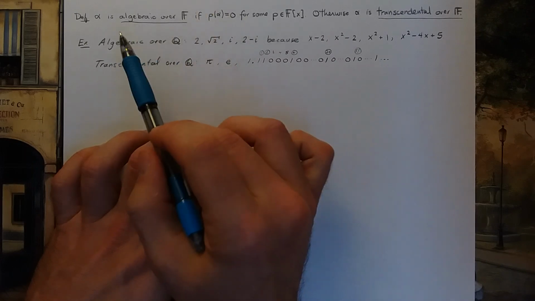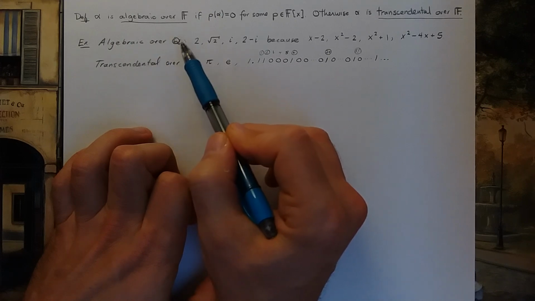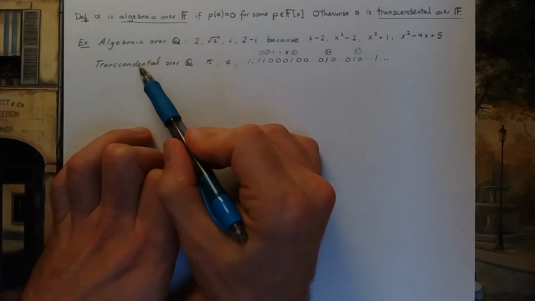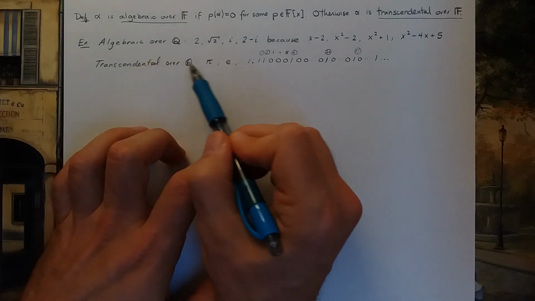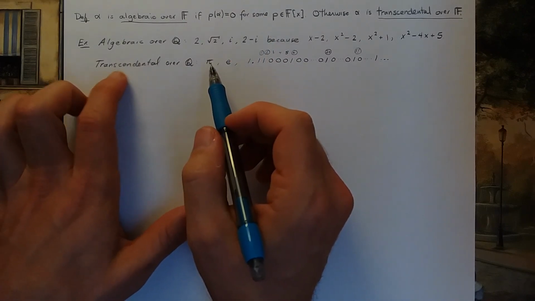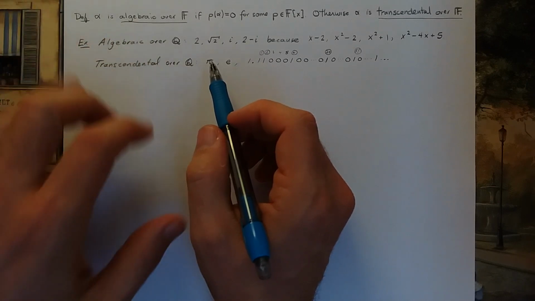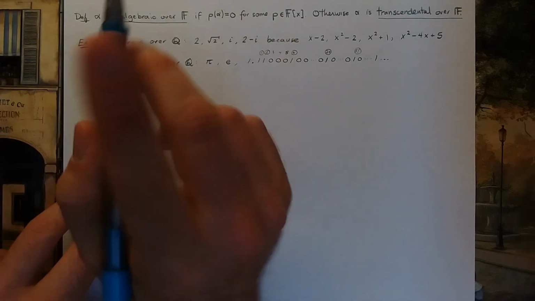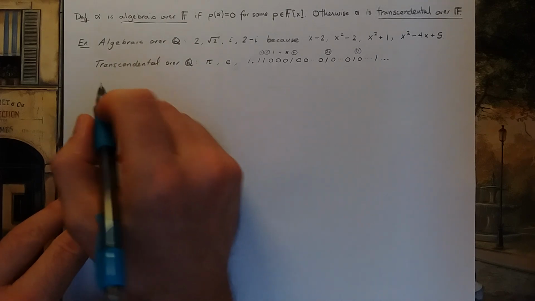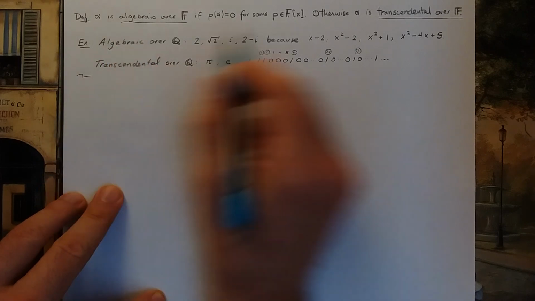However, the number of algebraic numbers over Q is countable, a countably infinite set. So there are an uncountable number of transcendental numbers over the rationals, meaning there are many, many more transcendental numbers over the rationals than there are algebraic, but still very difficult to completely prove that any given example is indeed transcendental.